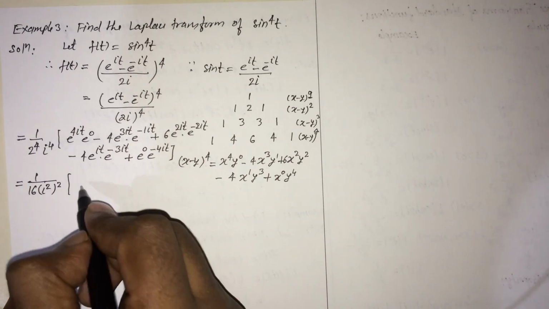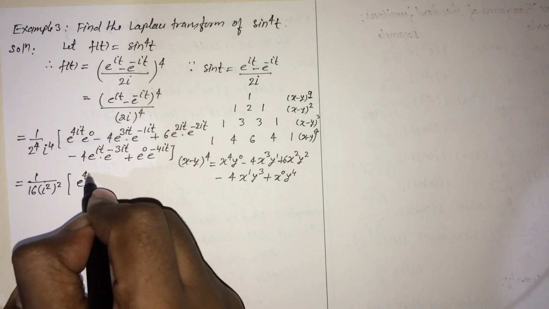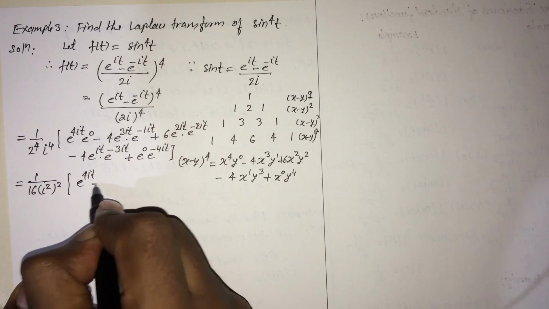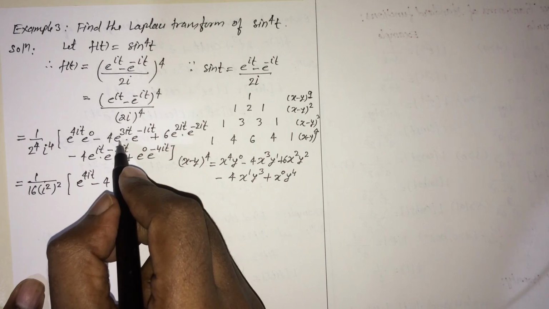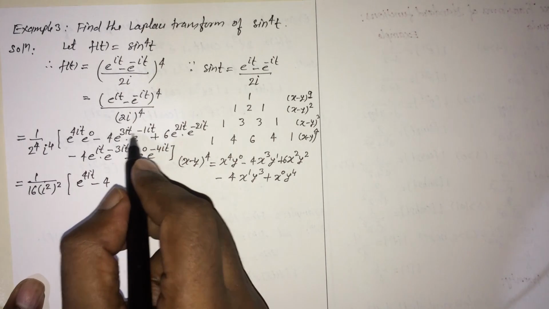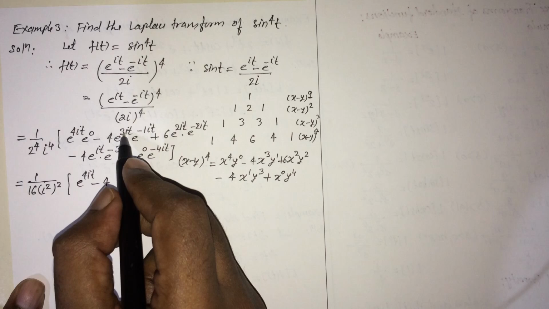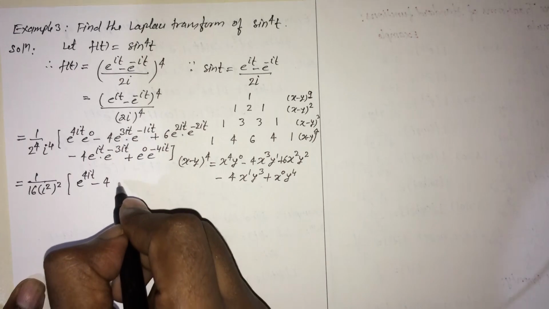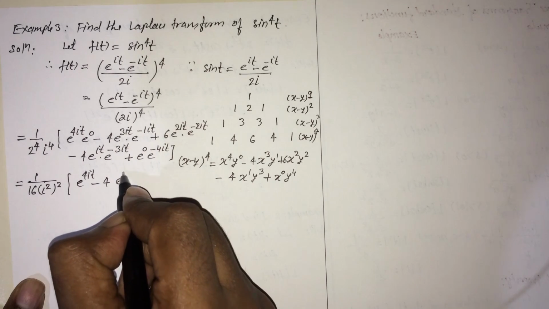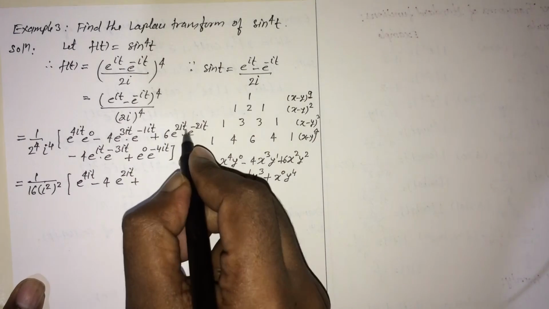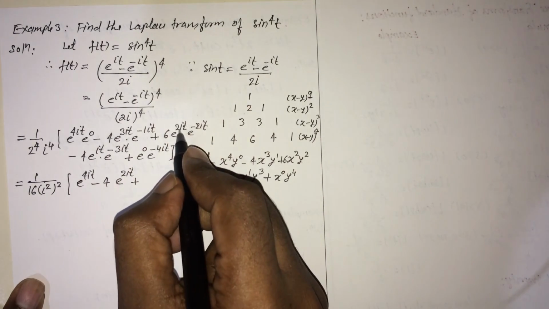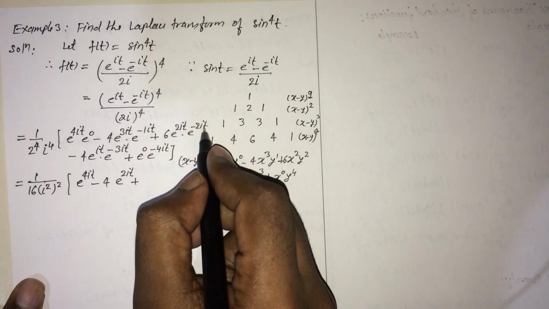e^0 is 1, simply write e^(4it) minus 4. Here the base is the same and the powers will be added. So 3 minus 1, that is 2. So e^(2it) and plus 6, the base is the same, the powers will be added, 2it minus 2it will be 0.